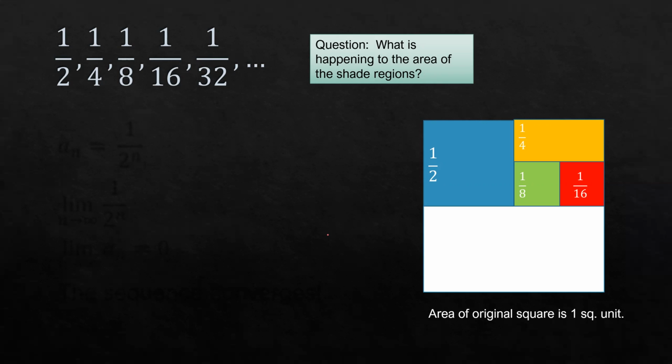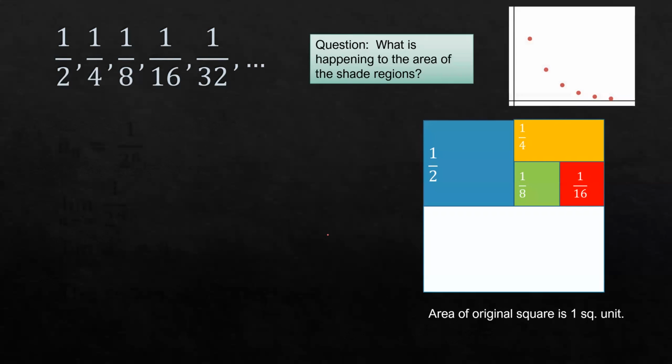The sequence of the areas of these shaded regions would be: the first shaded region is 1/2, the second region is 1/4, right? The third would be 1/8, 1/16, 1/32, and so on. And looking at it on a graph, it will look like that, right?